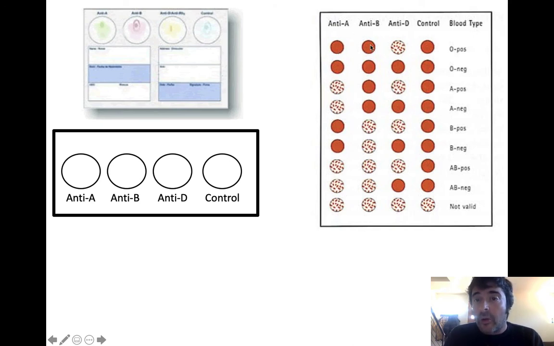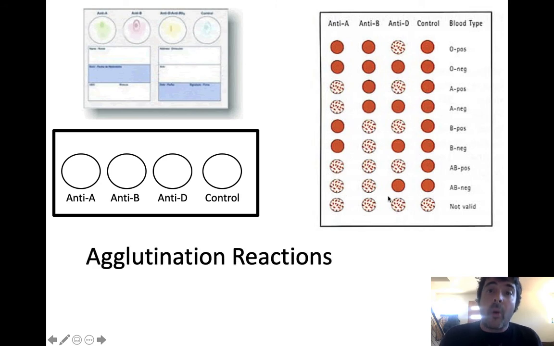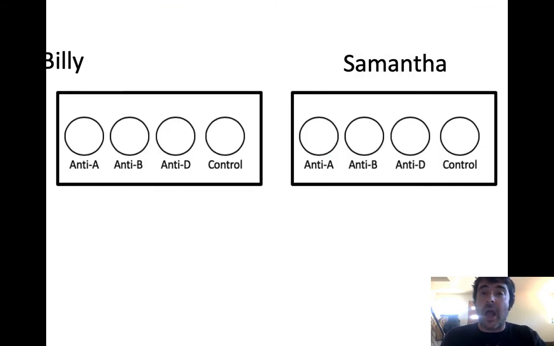So we have no agglutination, no agglutination, agglutination. When you see agglutination, that means that an antibody has bound to an antigen. The antibodies on the card have bound to the antigen and they're causing the red blood cells to clump together. So what we're going to be looking at are agglutination reactions.